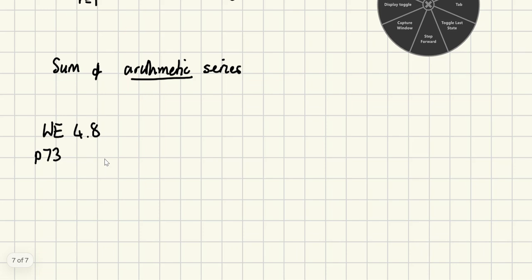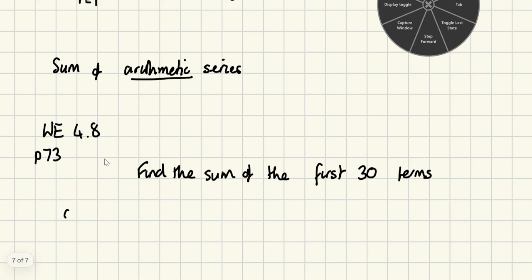So we've got a question which is: find the sum of the first 30 terms of an arithmetic progression, which is another word that they use for it. It's an arithmetic sequence or progression.